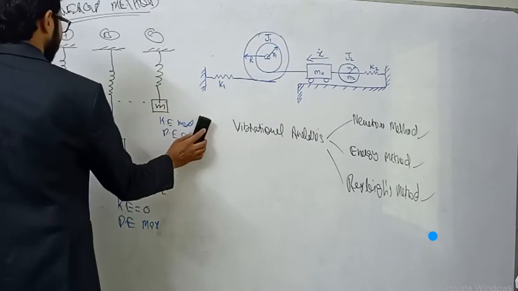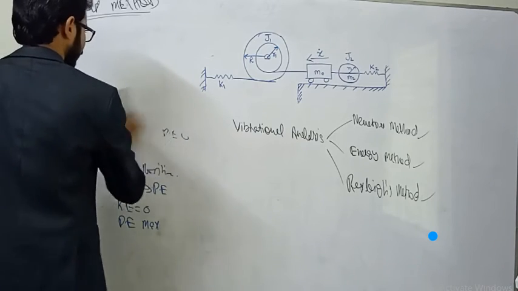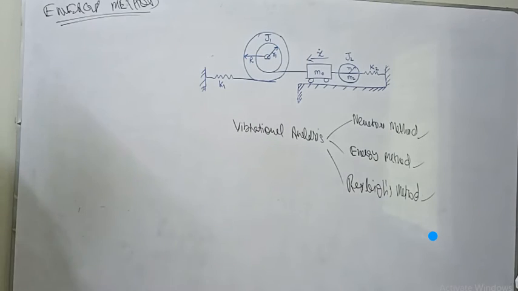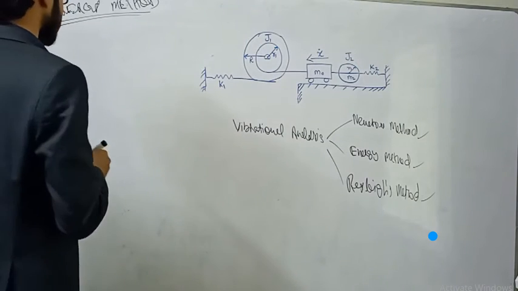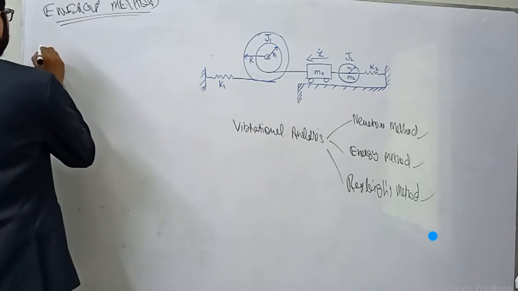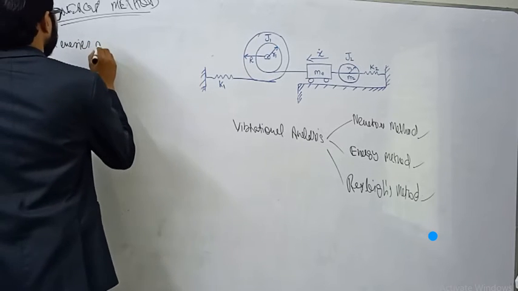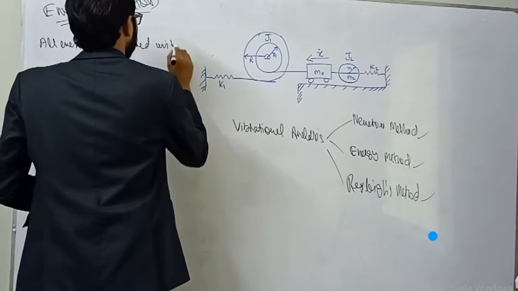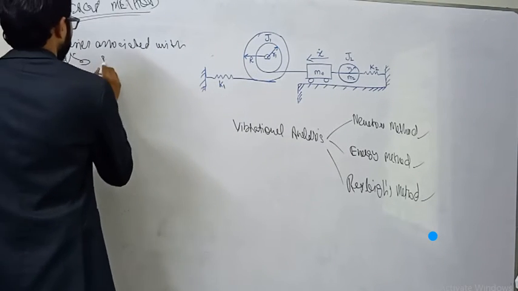What is the energy method? According to the energy method, we have a fundamental rule, the law of conservation of energy. For example, all energies associated with the vibrating system.